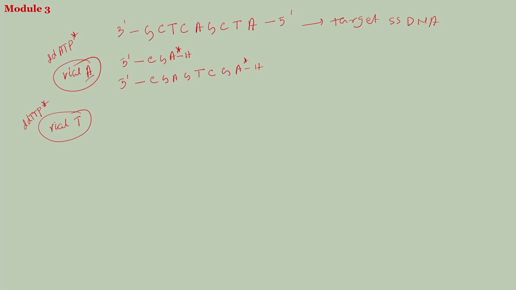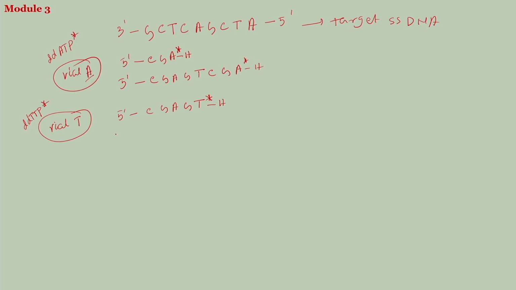What are the fragments that you are going to get here? 5 prime C G A G T. Here you have the possibility of picking up the thymine, and that thymine can be the ddTTP, and here it will stop the chain.